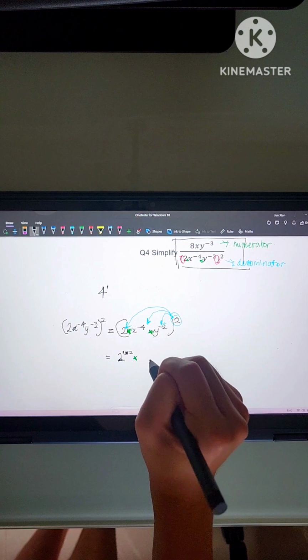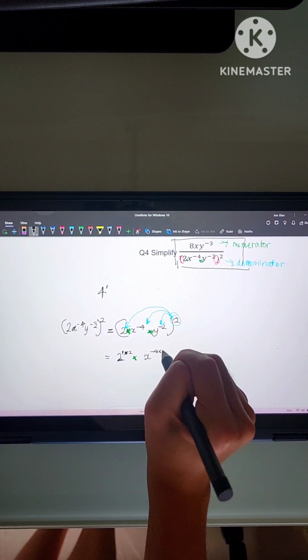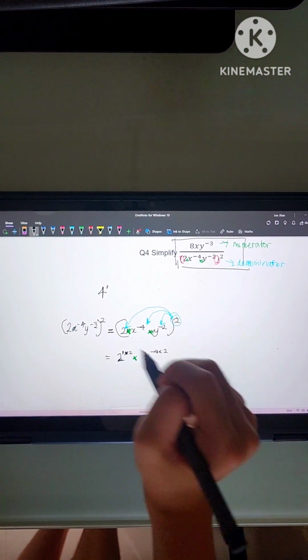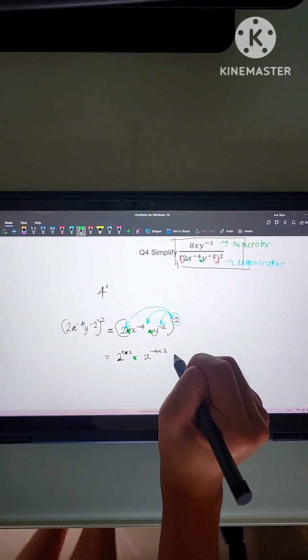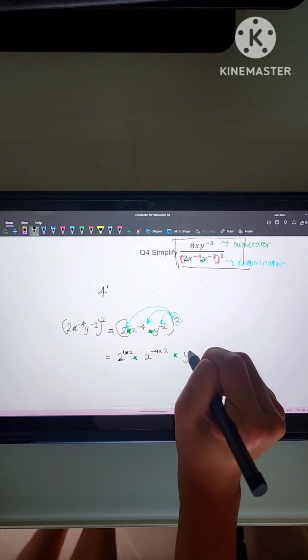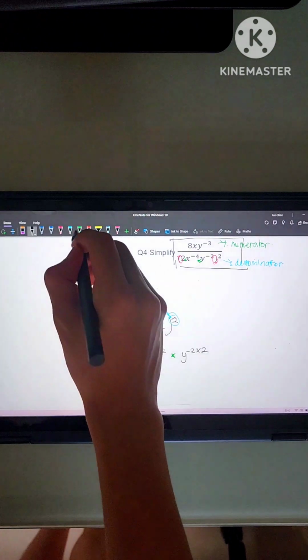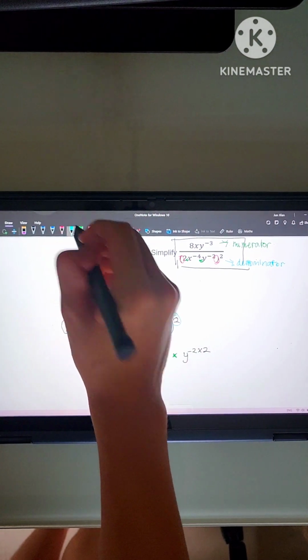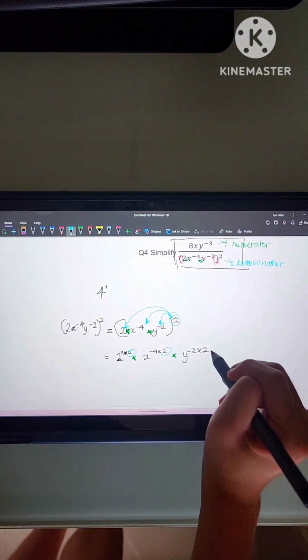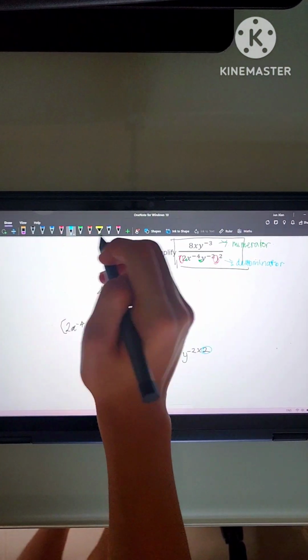So it is 2 to the power of 1, times x to the power of -4 times 2, times y to the power of -2 times 2. Can you see that we have multiplied the power of 2 to the 3 variables?